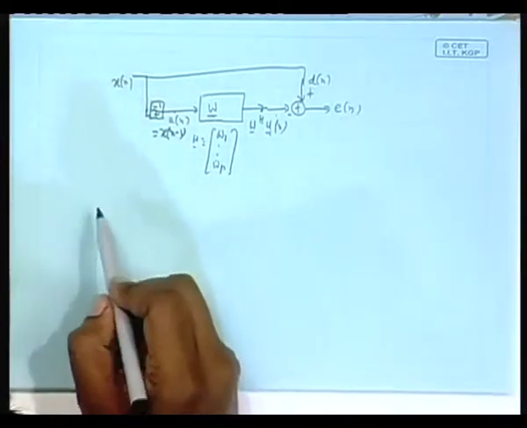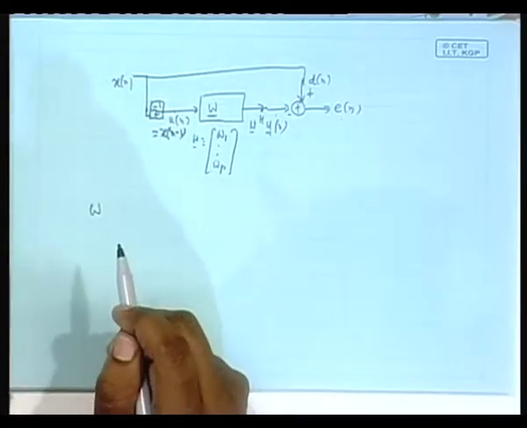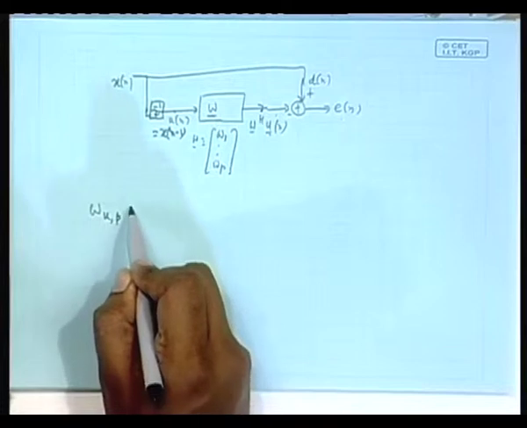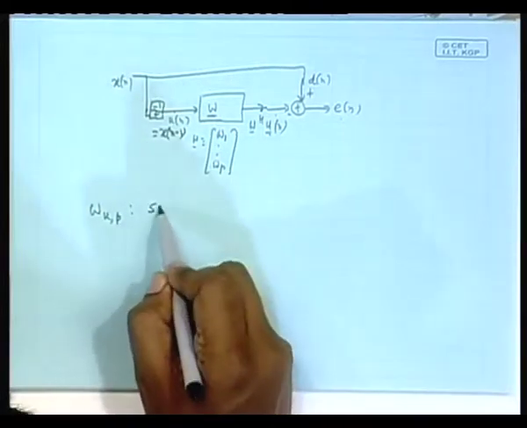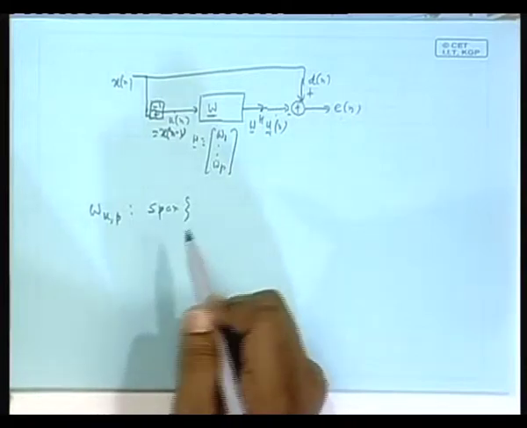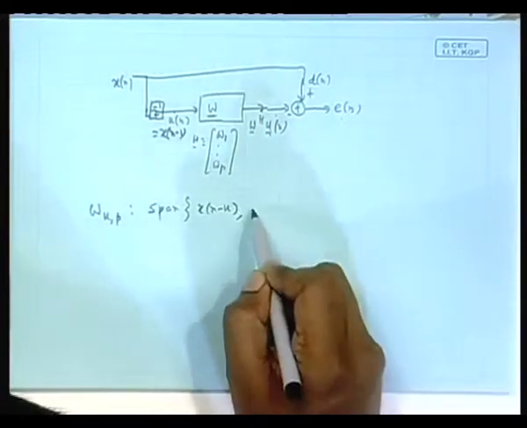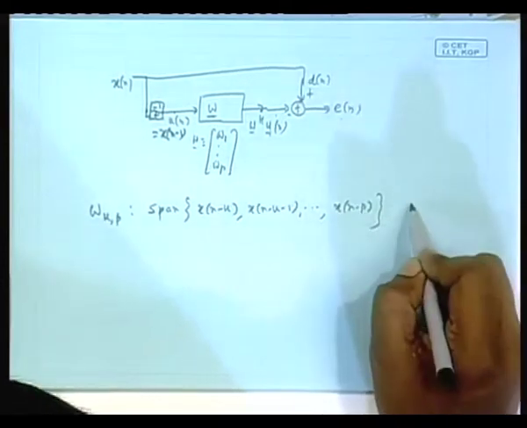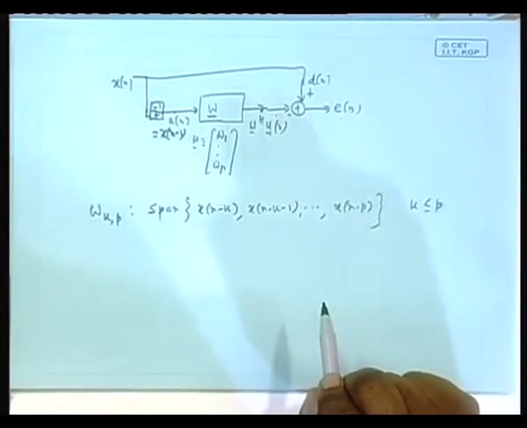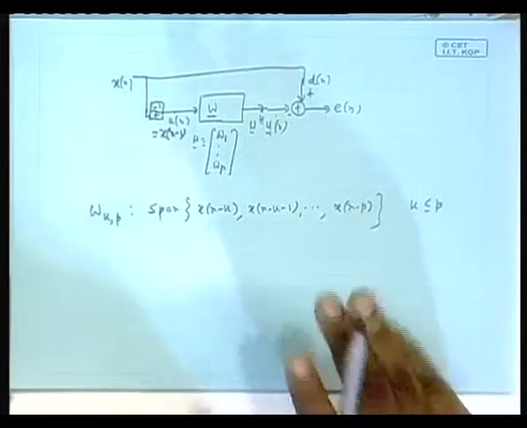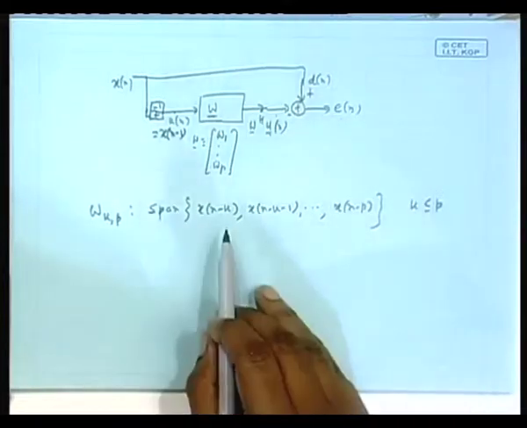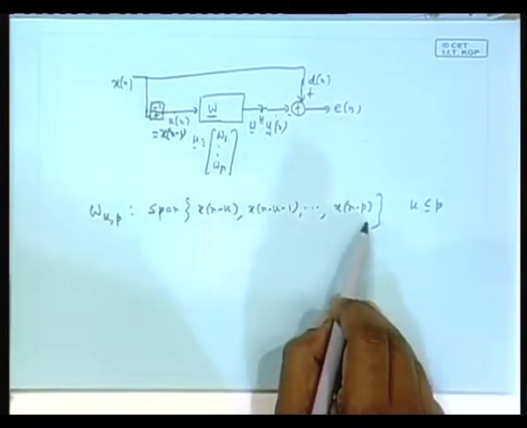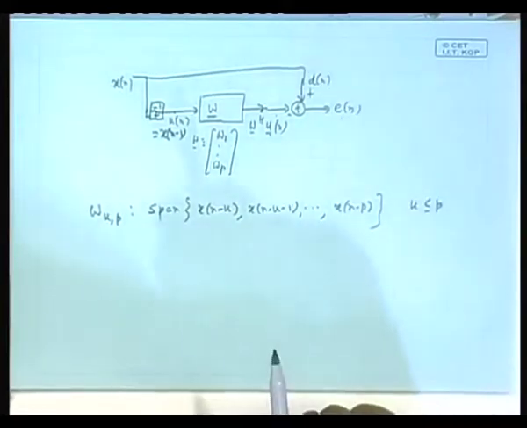Suppose in that Hilbert space H, I consider a subspace W K P, which is the span of x n minus k, x n minus k minus 1, up to x n minus p, and k is of course less than or equal to p, otherwise it has no meaning. If you take the span of these past samples, call it W K P; that is a subspace of the Hilbert space H.